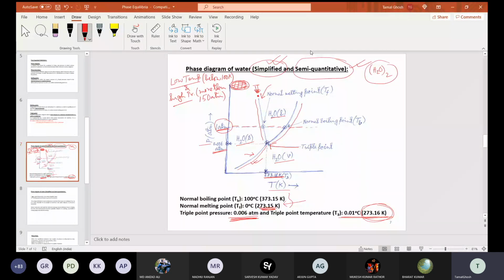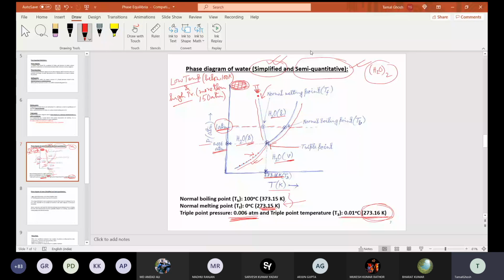So each point on this phase boundary, this blue line, there are many points, and on each point you will be getting the water solid and water vapor phases existing. Okay, so this is for the solid vapor phase boundary. Same thing is there for the solid liquid and liquid vapor phase boundary. So two phases are existing, and there is nothing special on the phase boundary. If you look at the last class definition, you can understand that one.